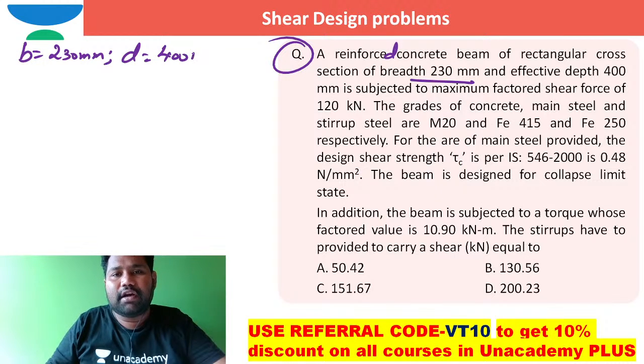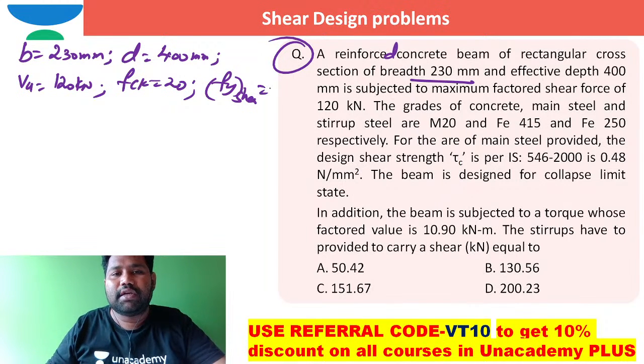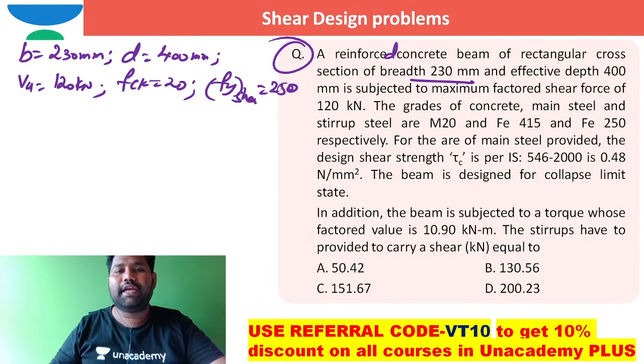Effective depth is 400 millimeter and factored shear force is 120 kilonewton. The grade of concrete, fck, is 20, main steel is Fe 415, whereas stirrup steel is 250. So Fy of shear reinforcement is 250.